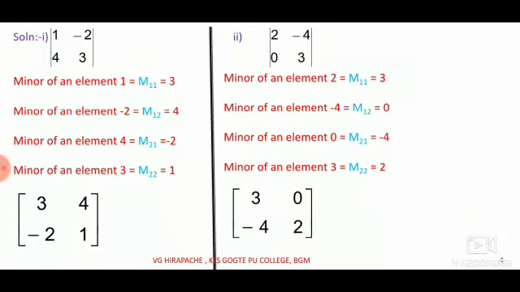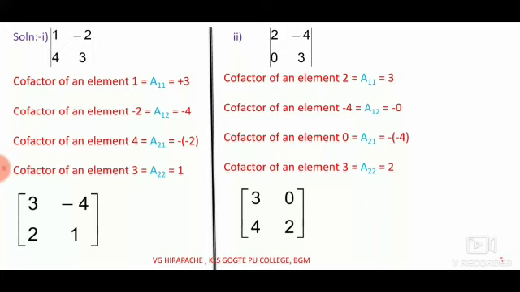Now these are the examples of second order. Dear students, with the same examples, let me find out how to get the cofactors of a given determinant or a matrix. Dear students, if you know the minors of each element of a given determinant, then it will be easy to find the cofactors of the same elements.